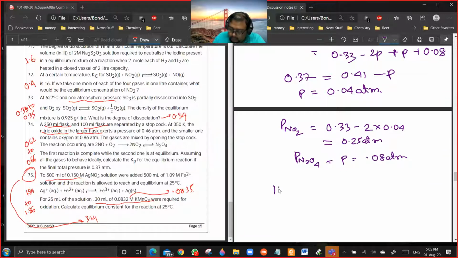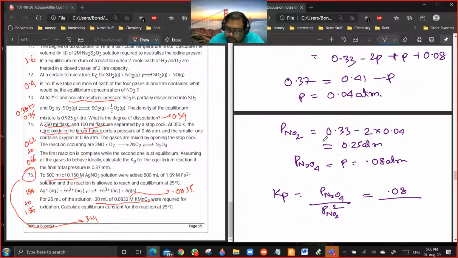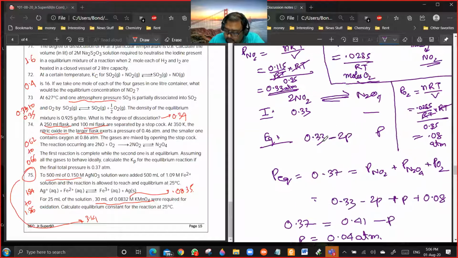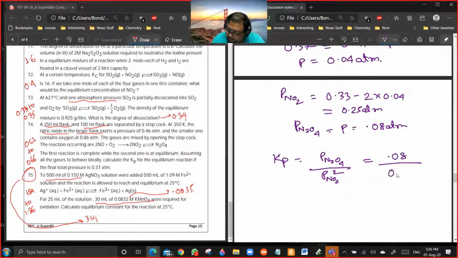So if I am writing Kp, it will be pressure of N2O4 by pressure of NO2 square. It is 0.04 by pressure of NO2 square. What is the pressure of NO2? It is 0.25.